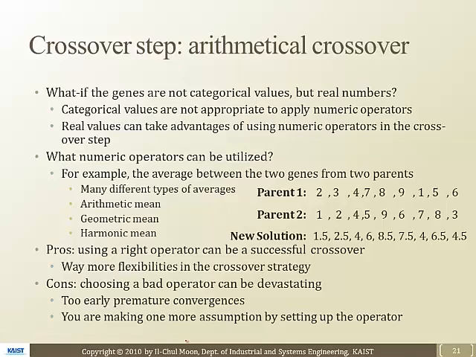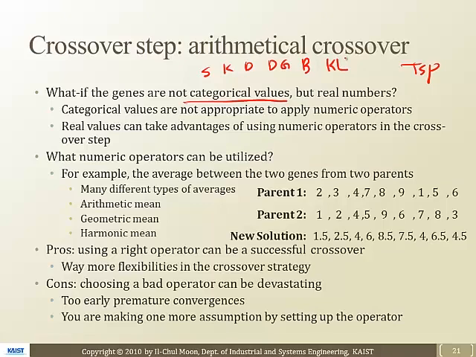So we are dealing with the traveling salesman problem, and all our values are categorical values. What it means is that actually we are dealing with Seoul, Gwangju, Daejeon, Daegu, and Busan, right, and Gangneung.